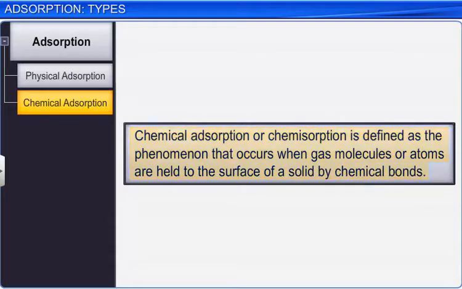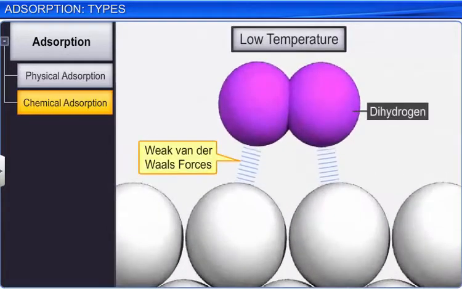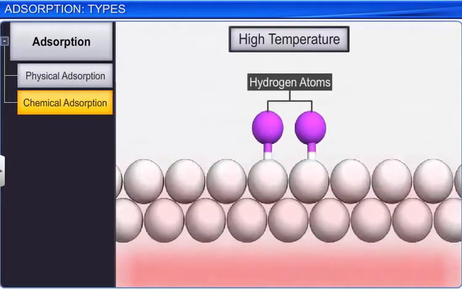In the example of dihydrogen and platinum, on increasing the temperature, the adsorbed dihydrogen molecules on the surface of platinum dissociate into hydrogen atoms. These hydrogen atoms are held strongly by platinum through chemical bonds.